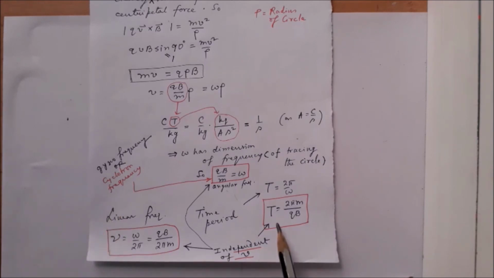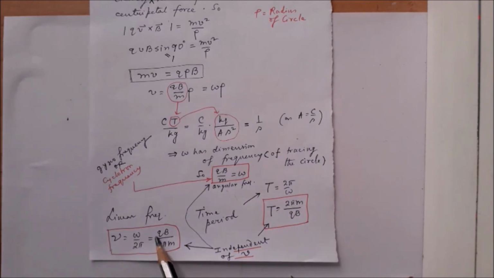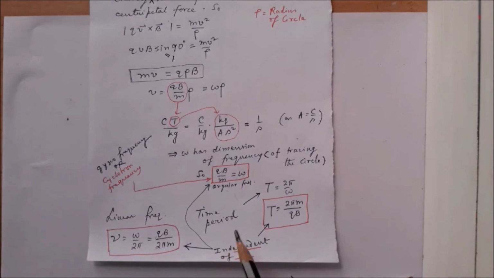The time period is given by this expression, and the linear frequency is here. A very important point is that these frequencies omega, nu and the time period depend upon the charge and the mass, so they depend upon the charge to mass ratio, and upon the magnetic induction.